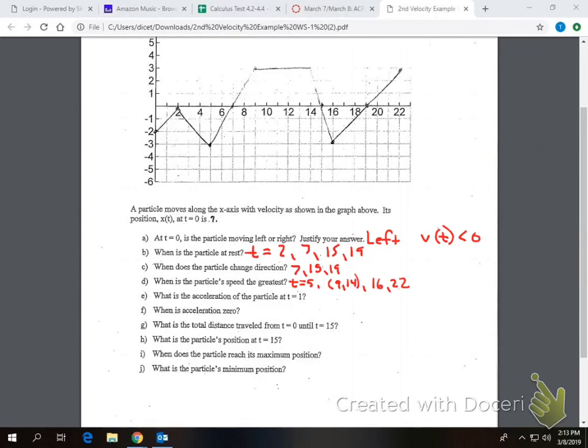So the acceleration at time equals 1 is 1, in units per second squared. When is the acceleration 0? From 9 to 14, because isn't the derivative here 0 from 9 to 14?